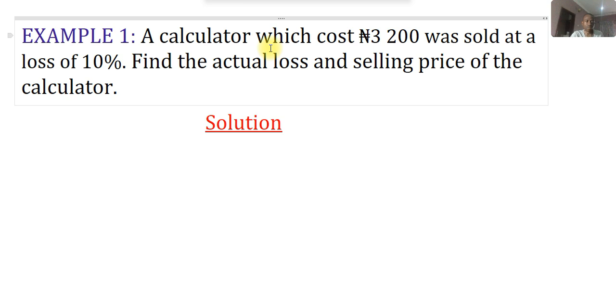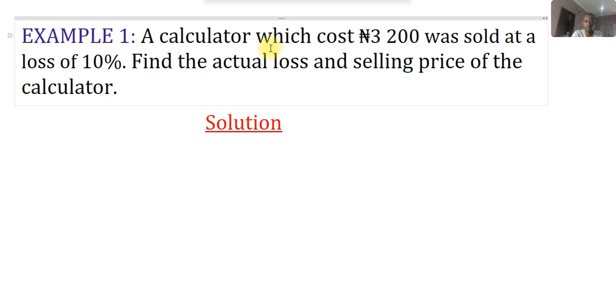Assuming they had given us, like, 500 naira loss or 200 naira loss, that would be the actual loss. But in this case, we were not given the actual loss. The loss has been represented in terms of percentage. So our duty is to find the actual loss.